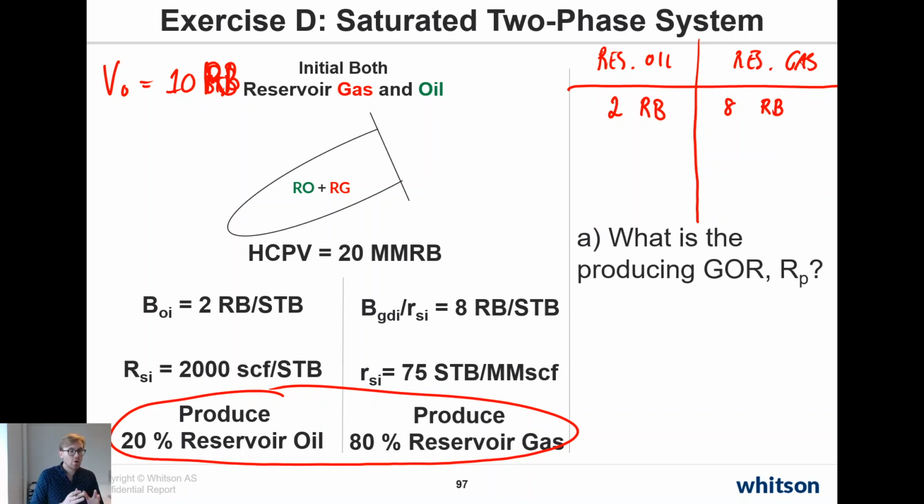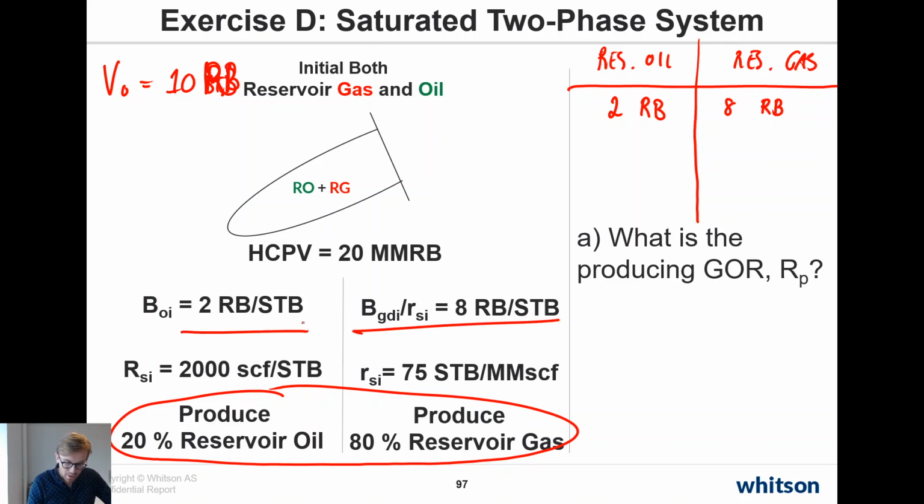Then we learned in this course that to translate reservoir volumes to stock tank, we need to apply a formation volume factor. The formation volume factor for oil is the Bo, while for gas condensate it is this Bgd over little rs term that we learned, which is given right here.